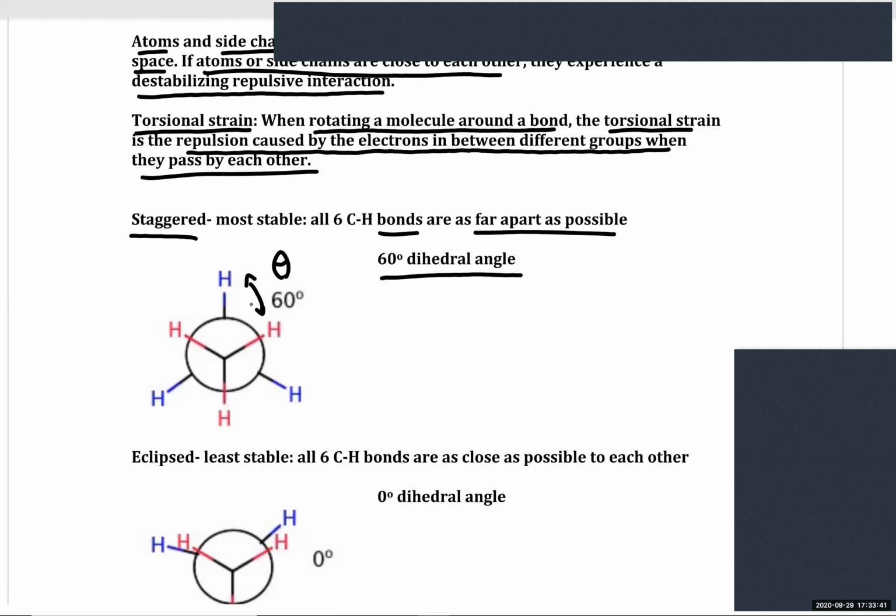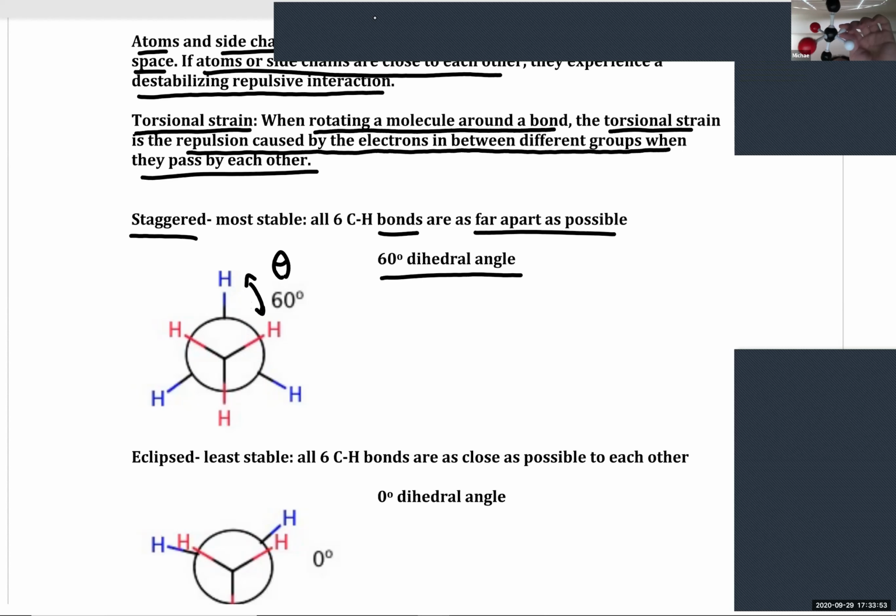So for example, if we're looking at a staggered conformation, does everyone see how, if we look at the three-dimensional space between this black substituent and our red substituent, the angle separating them is quite large?